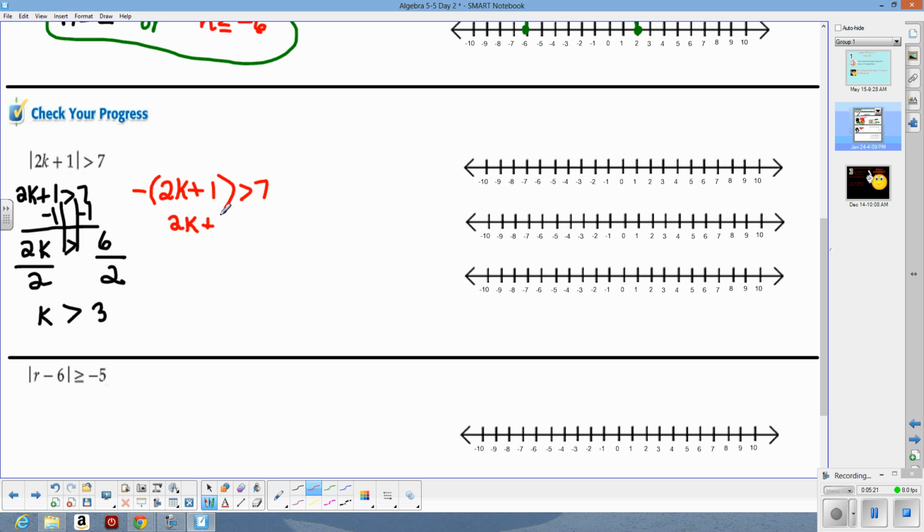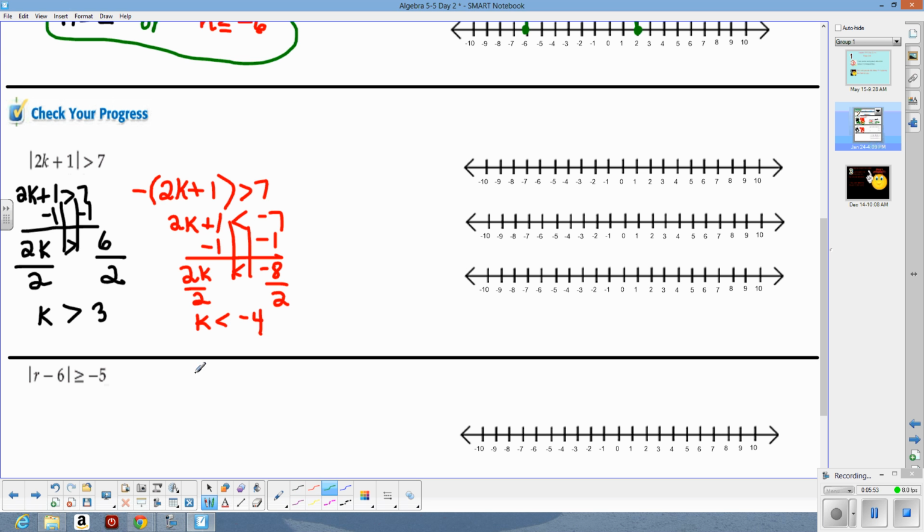And since we multiplied by a -1, we'd flip the inequality symbol and the 7 would become negative. Now subtract 1 from both sides. 2k is less than -8. Divide both sides by 2. K is less than -4.